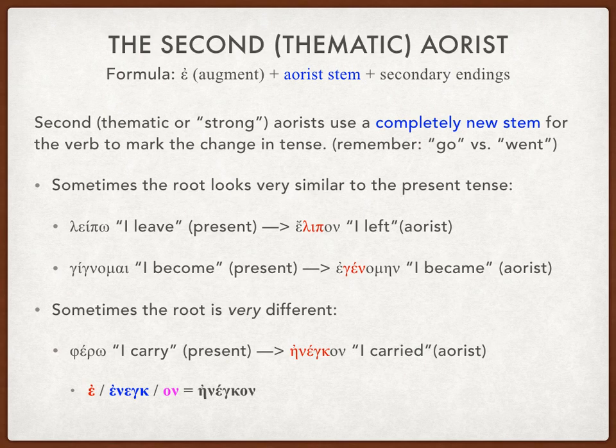This is an example of something I mentioned last time when I looked at all of the different forms in the future, what we call suppletion, where two different verb stems entirely get combined into one system. The only way that you can know that phero becomes enenkon here is just to memorize the forms together. So oftentimes, some of the principal parts that you're going to see are going to be important to memorize together.